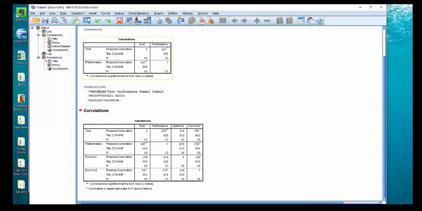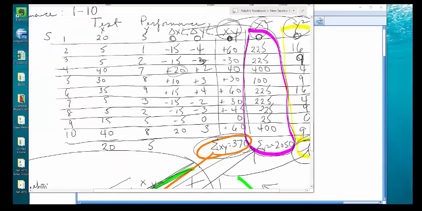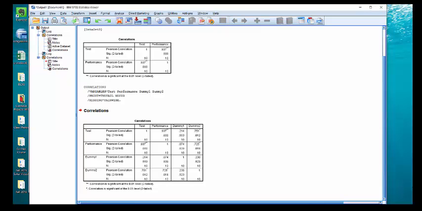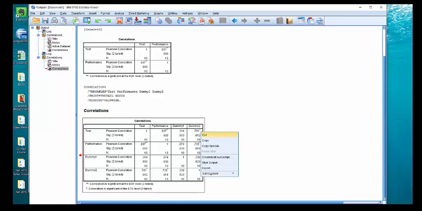So now let's look at this correlation table that we just produced. As we did in class, I want to point some things out to you. Let me copy and paste this.